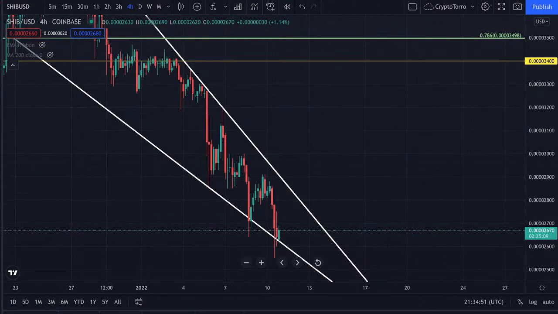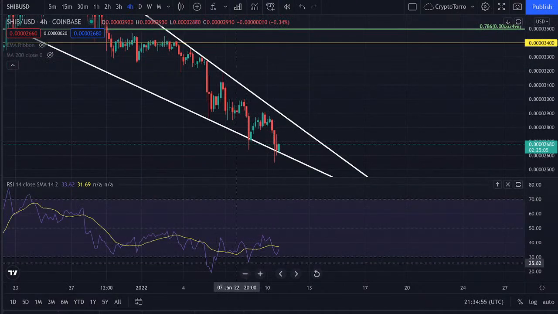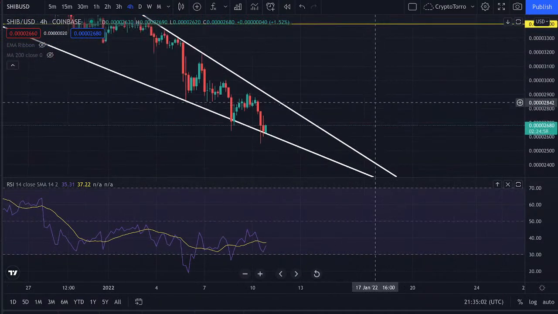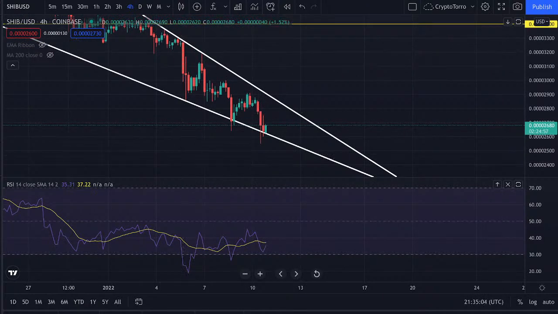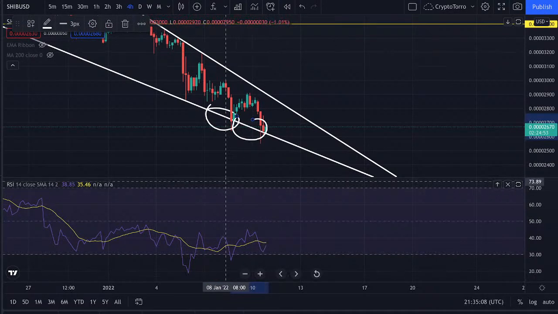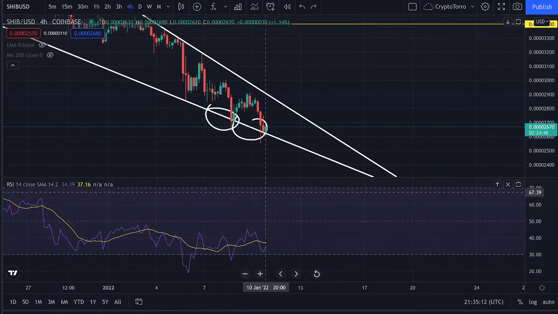So lastly, I would like to take a look at the RSI. And on the RSI, what we are actually seeing is a bullish divergence taking place. And this is actually also the reason I personally think that we are right now getting supported on top of this descending support on Shiba Inu, especially because we are seeing lower lows on the chart and higher lows on the RSI. So this does actually look very good to me.